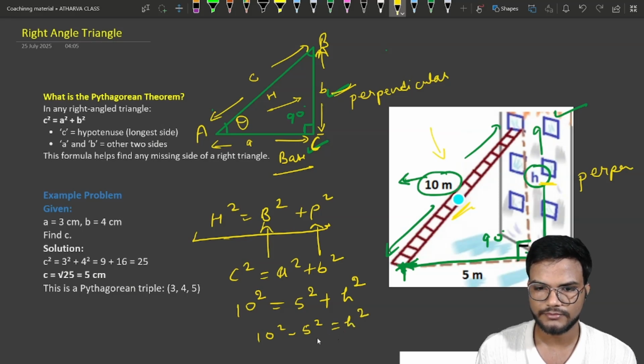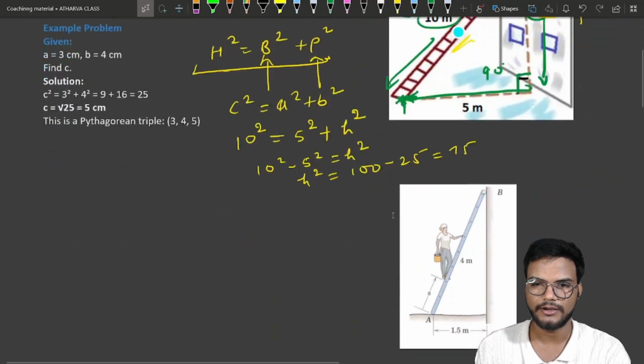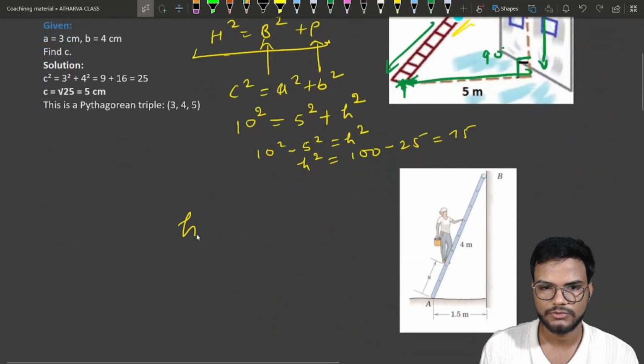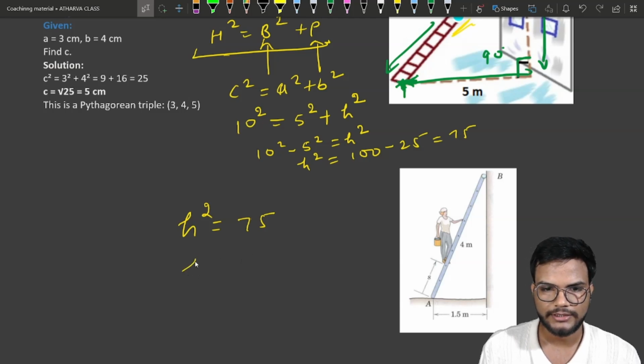What do you get from here? h square equals 100 minus 25, and you get 75. So h square equals 75.